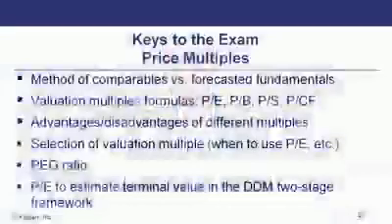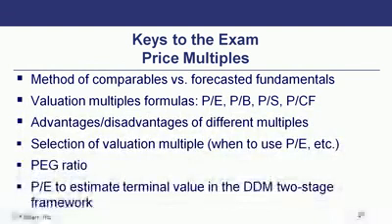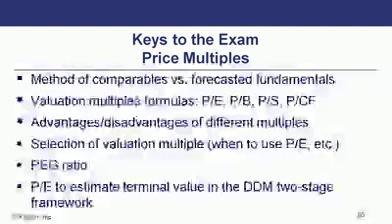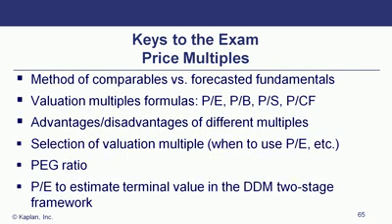Okay, so keys to the exam here. We've gone through a lot of multiples. The idea is the method of comparables versus forecasted fundamentals. What does that mean? One way to get a value is to look at the PE multiple of comparable companies.